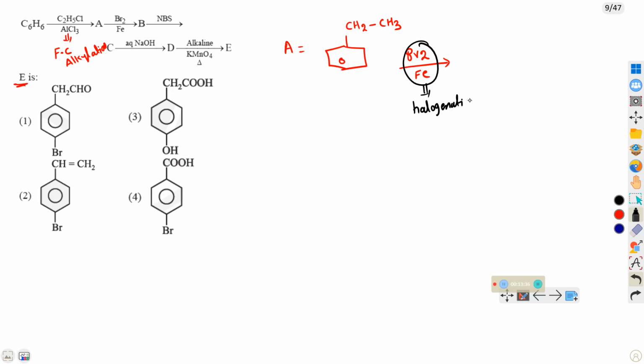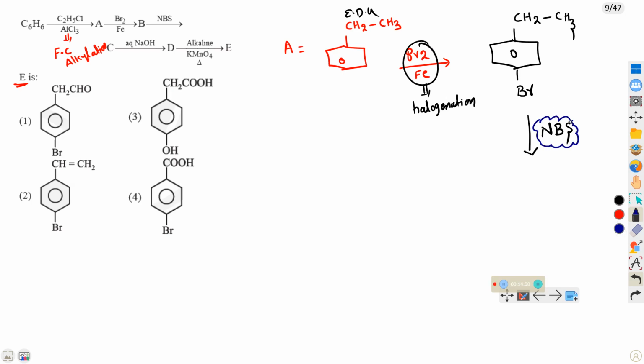This is substituted benzene. Ethyl group is electron donating group. That's the reason the major product is para position substituted bromine atom. Para bromo ethyl benzene. Now reacts with NBS. NBS, NCS, Cl2 by H nu, all these favors allylic or benzylic substitution.